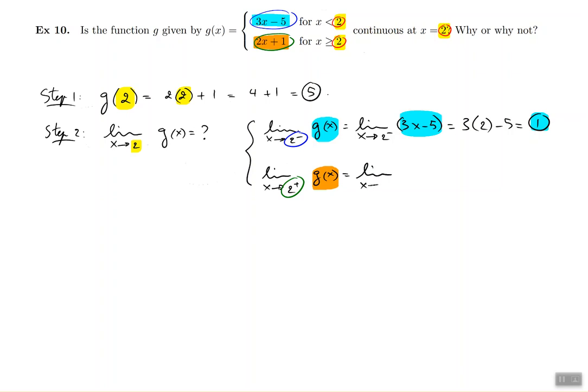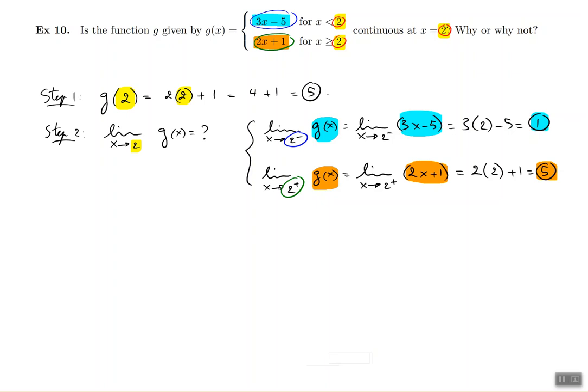Plug in the limit as x approaches 2 plus first, put the 2x plus 1 next. That's the g in this particular instance. And it's pretty straightforward at this point. Just plug in the 2 into all the x's. So 2 plus 2 is going to be 4. 4 plus 1 is going to be 5 at the end. So this time the limit gives us a 5.